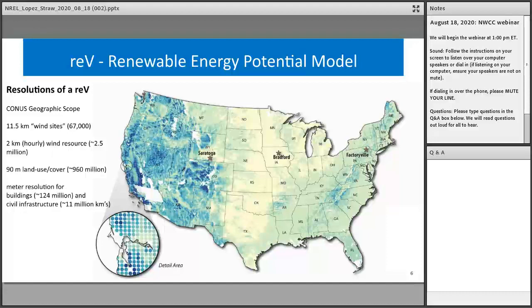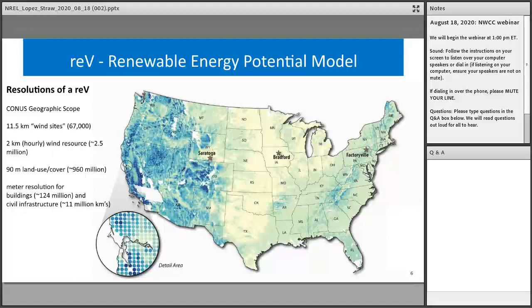So just to discuss a little bit of the resolutions of REV, you see here that we have 11.5 kilometer wind sites, again, 67,000 of those. We have 2 kilometer hourly wind resource, which amounts to about 2.5 million pixels. We have 90 meter land use and land cover, which is about 960 million data points or pixels.